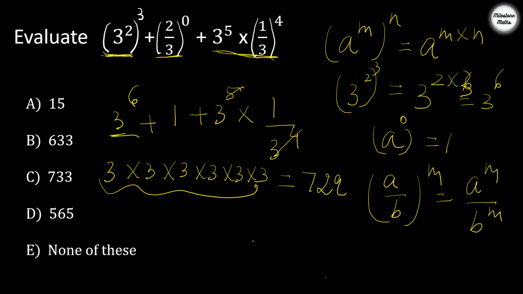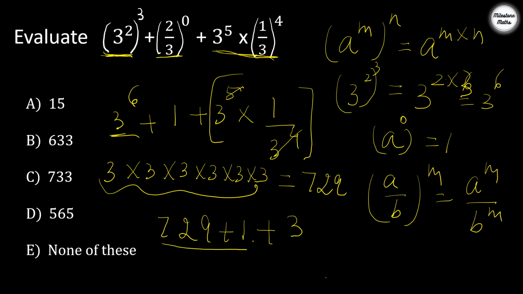So 3 raised to power 6 gives 729, plus 1, and here 3 raised to power 4 is cancelled, so we are left with 3. So 729 plus 1 is 730, plus 3 is 733. So here the answer is C.